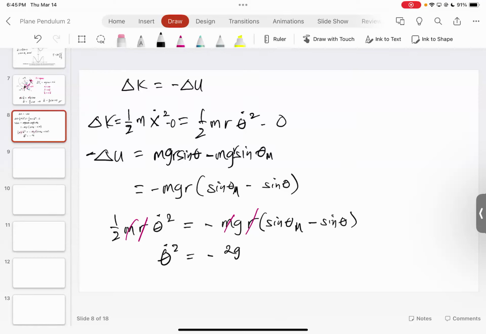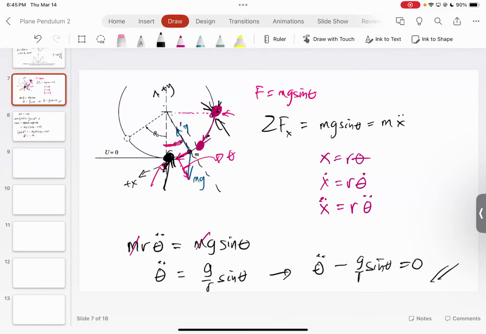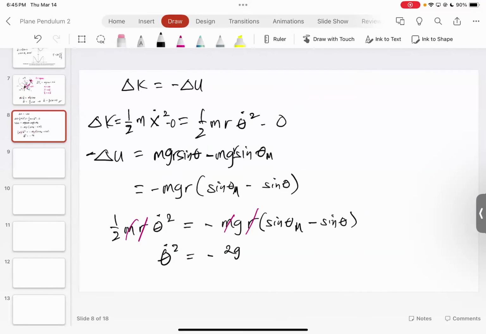Wait, something is missing. So the equation for the potential, in terms of sine theta, or sine of 0. Right. Now, what's missing here is the R.